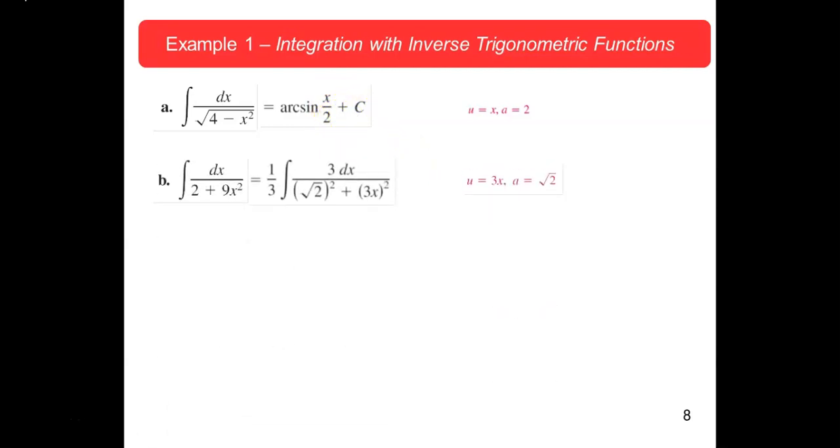For the next one, this one doesn't have a square root on the bottom, so we know it's going to be an arctan kind of formula. The way we can do this is, first we note that this part right here is going to look like 3x squared, and then we take the square root of this, so we get the square root of 2 squared, because we want the square plus square on the bottom.